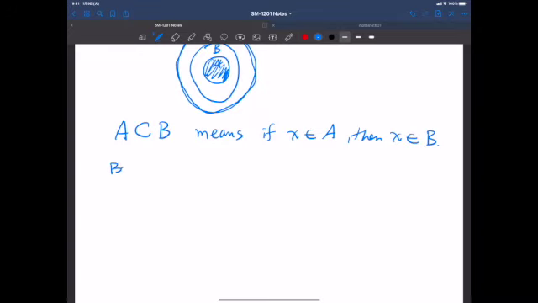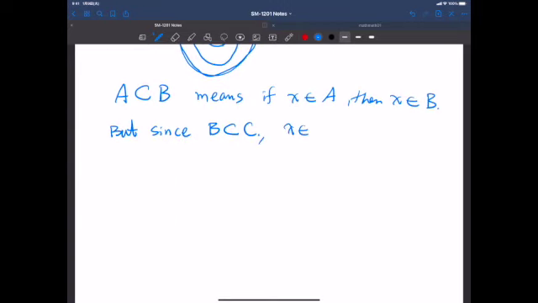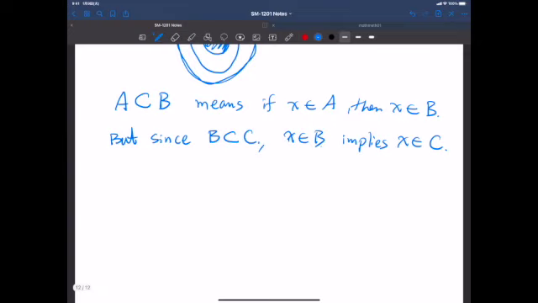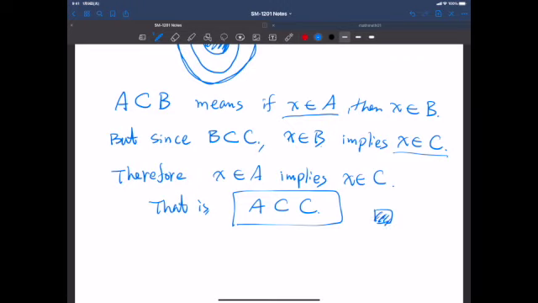Okay, but since B is a subset of C by this given assumption, this implies X is an element of B implies X is an element of C. So that means if X is an element of A, then after all, X is an element of C. Therefore, X is an element of A implies X is an element of C. That is, A is a subset of C. So that is the proof of this lemma.